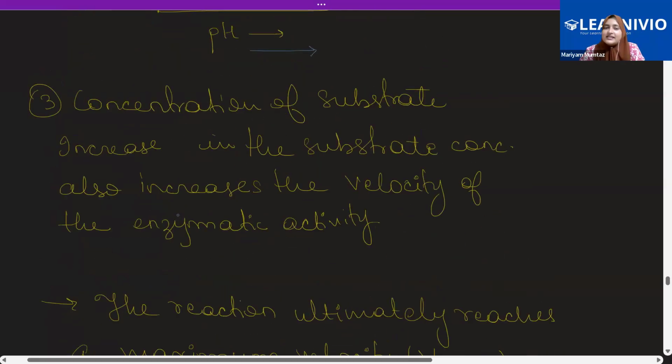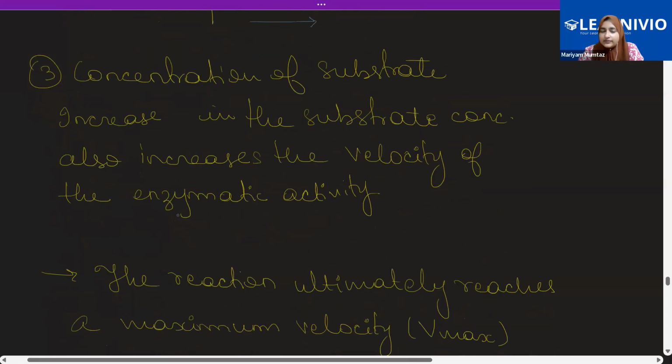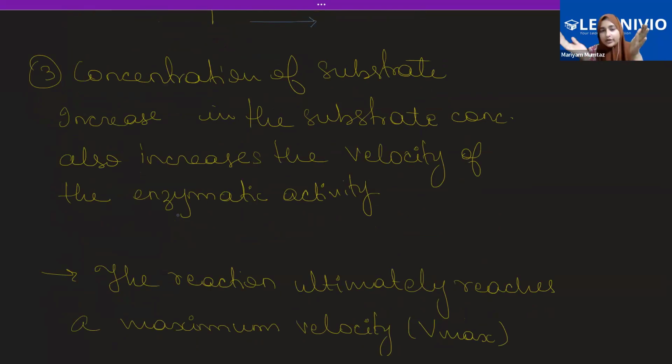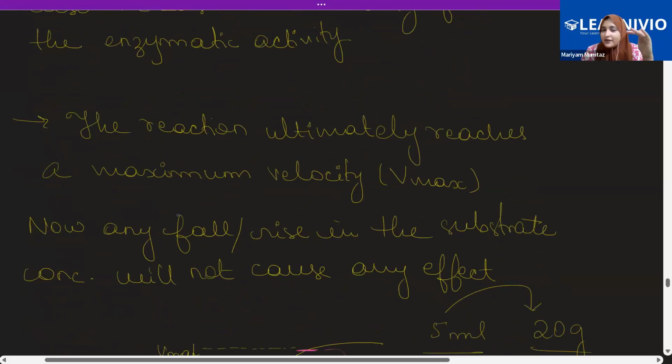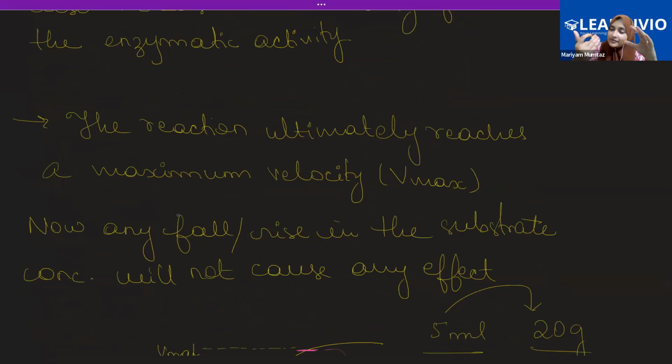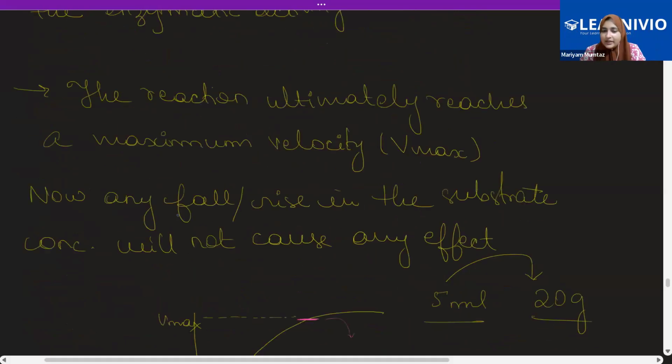The last thing is the substrate concentration, meaning the amount of substrate that you're going to turn into the product. If you increase the substrate, the velocity or the speed of the enzyme activity will also increase. But it will reach a maximum velocity, and beyond that, even if you increase the substrate a lot, no change will take place.